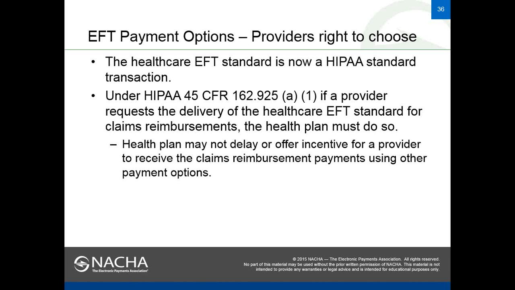So whether you as a provider want to receive your claim reimbursement payments through EFT, whether you want to receive them as a check, or if you want to accept virtual card transactions, that's your choice. But if you go to a health plan and ask them to receive your claims reimbursements using the Healthcare EFT standard, the health plan is under HIPAA required to deliver that payment using the ACH network.